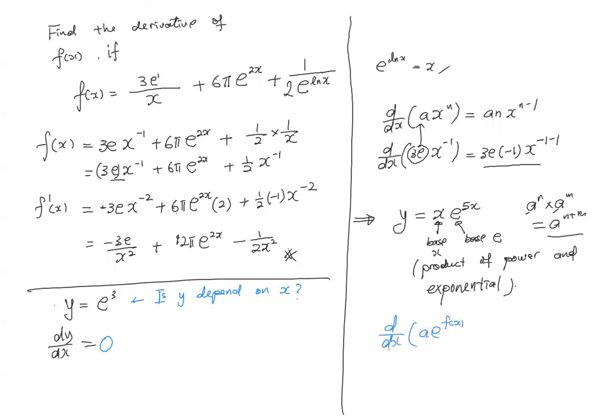So why must I trouble myself? So I know it's a constant. Is y depend on x? The answer is no. So therefore the rate of change is 0. So why must I apply this formula? Why must I copy down the whole thing, then times by the derivative, and I get 0 also? I know e to the power of 3 is a constant.